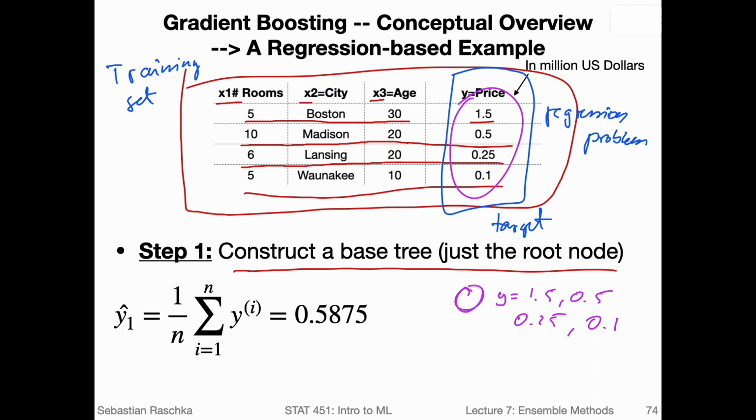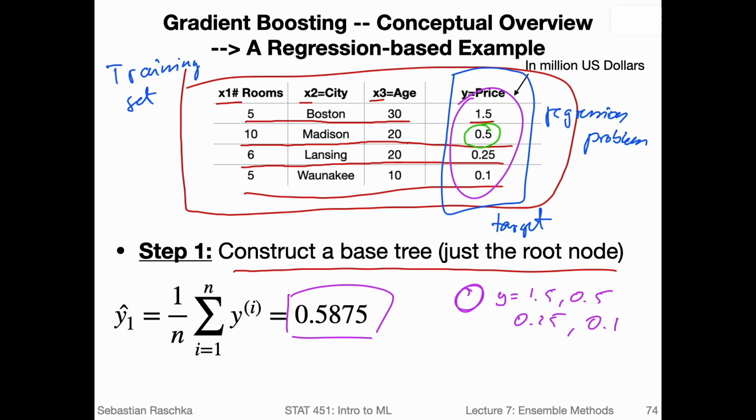And for this root node, the average is 0.5875. So that would be the prediction to start with. So for every data point, the root node would predict 0.5875. Of course, this is not a very great prediction.